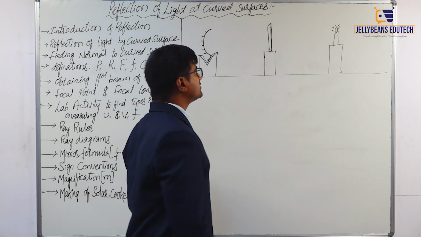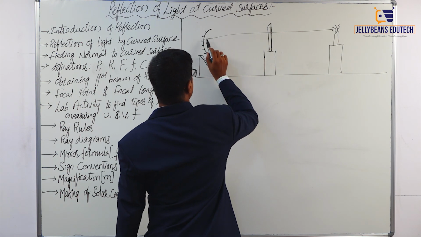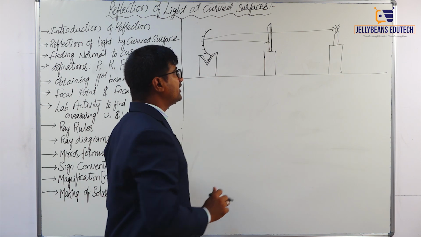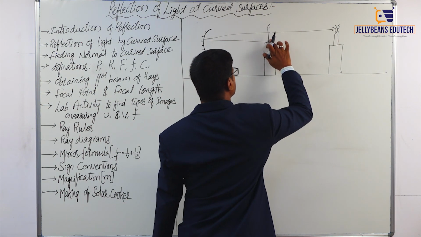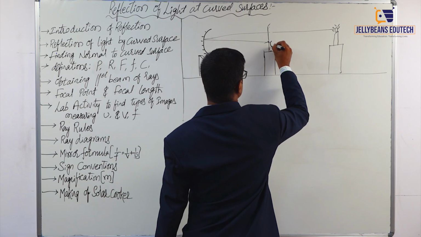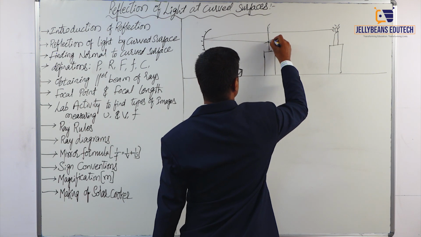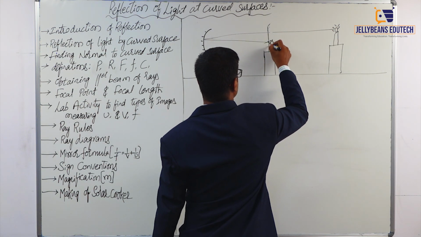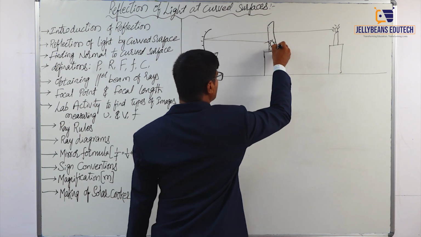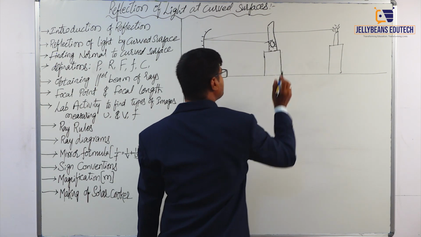Now when the light rays are incident on the mirror, they will be captured here on a screen, and on the screen we are obtaining the image. In this way we are obtaining the inverted images, like this.